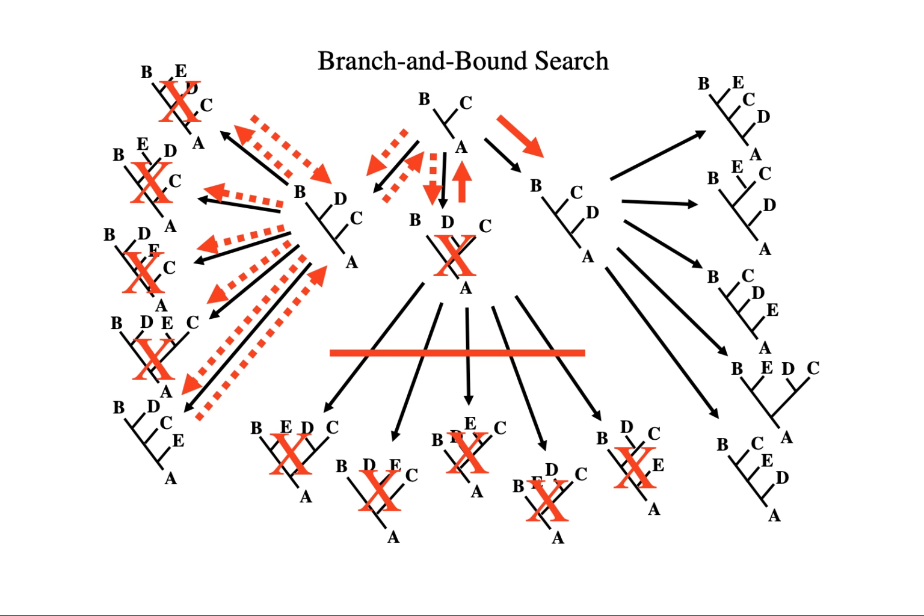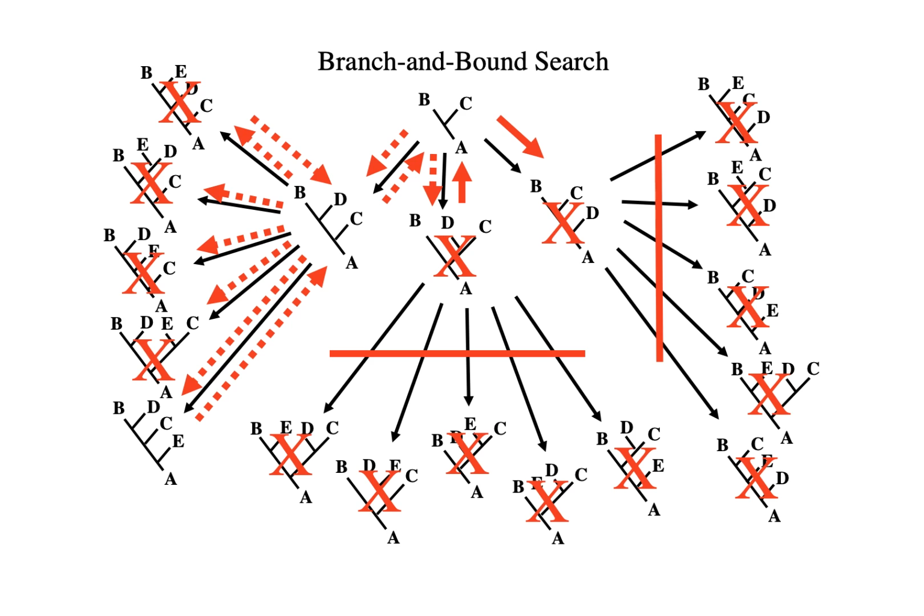Next, it sequentially again goes back up the tree and then back down by one, testing the next tree to see whether it has fewer steps in it than the most parsimonious tree so far. And again, if that particular tree is longer than the one that's held as the most parsimonious tree so far, that's eliminated, and everything beyond that is also eliminated without even searching through those.